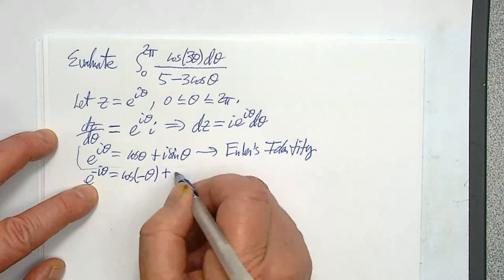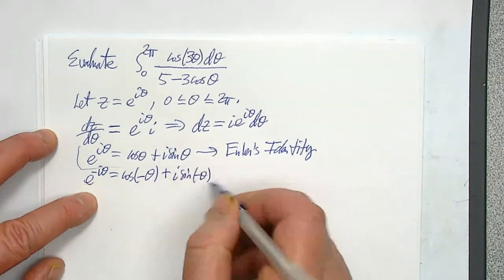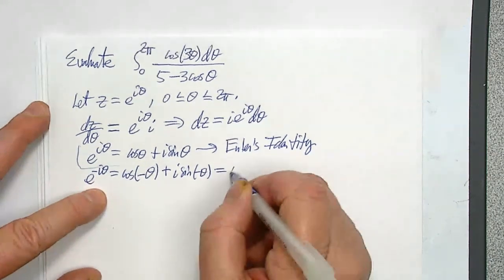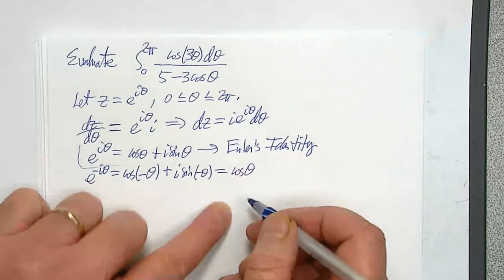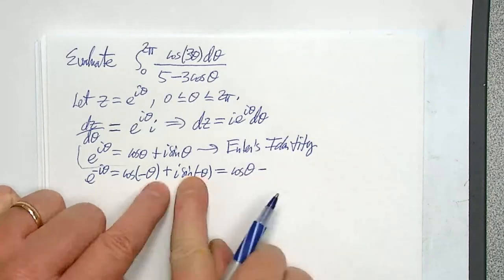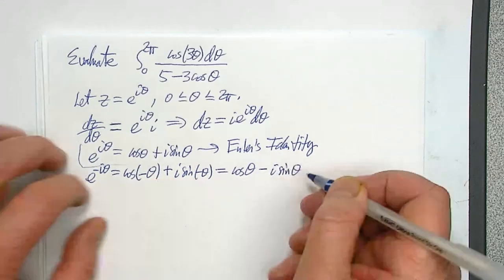and we get cosine of minus theta plus i times sine of minus theta. But remember, these are just real functions that you had in trig class, and cosine is an even function, so cosine of minus theta is cosine of theta. Sine is an odd function, so it kind of looks like we're pulling the minus sign out, right? So we can do that.